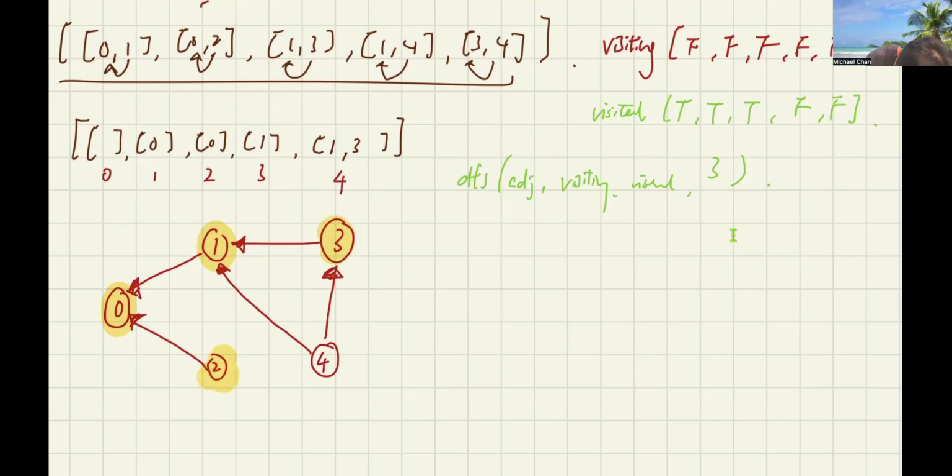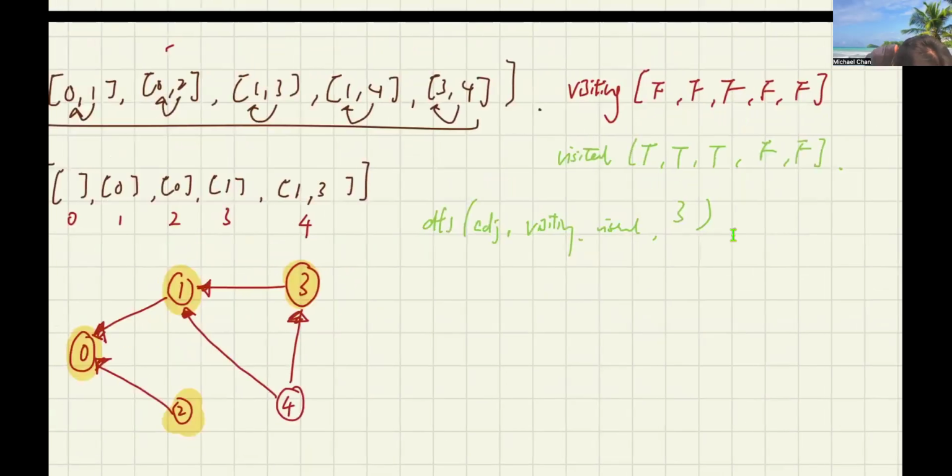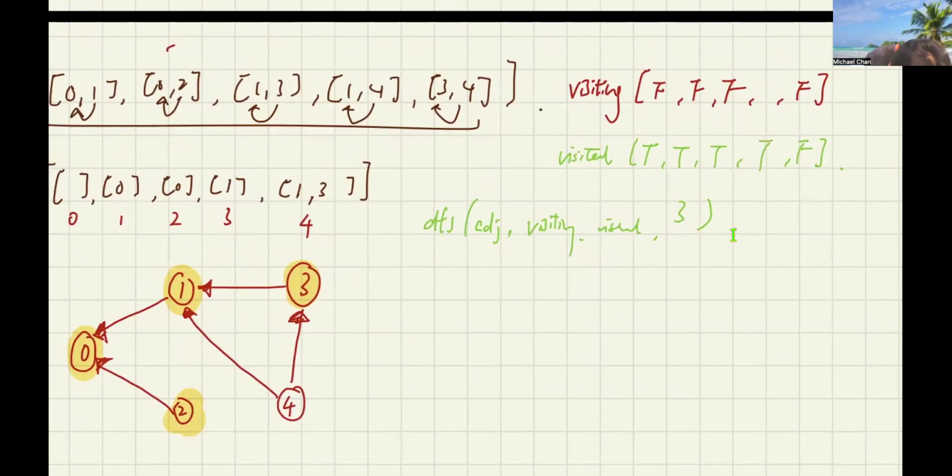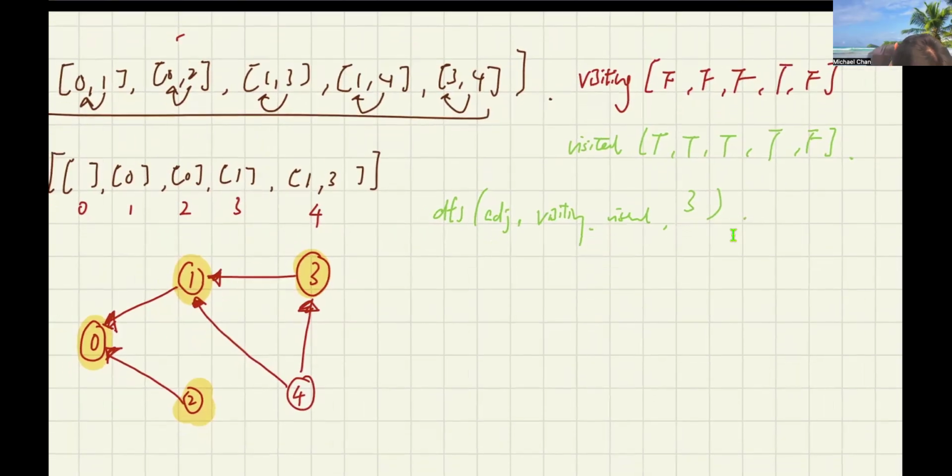Oh, sorry, 3, false and false. So I'll turn to true and true. And then I'll pass in the neighbors of 3, which is 1. And then 1 visited already is true, so this returns true. And then it goes to all the neighbors, which is no more, so this will be set to false. And then it'll return true.